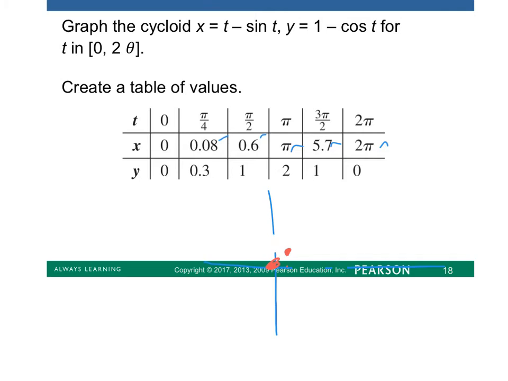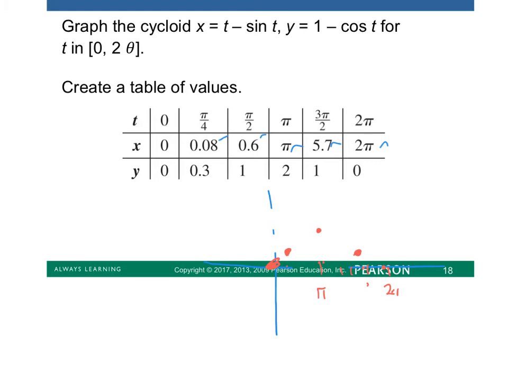If this was a 1, this would be a 2. So I'm up here. And then a 5.7, it's almost a 6. So that was 1, 2, 3. My points, my pi didn't draw. That's 3. So now I'm going up to like 3, 4, 5, 6. About here. Up 1 again. And then 2 pi, finishing up the circle, 0.